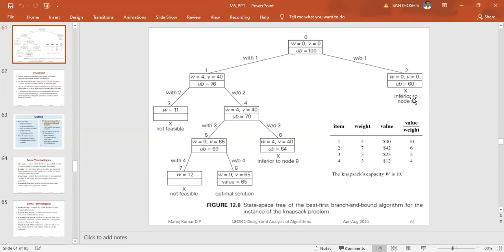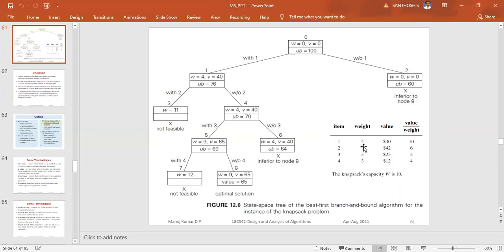Now, this is inferior to node 8, so you leave it because the upper bound is 60. Is any value greater than 60? No. So all these values are less than 60, and you can't continue without one. Go with one. Under one you have with 2 and without 2.